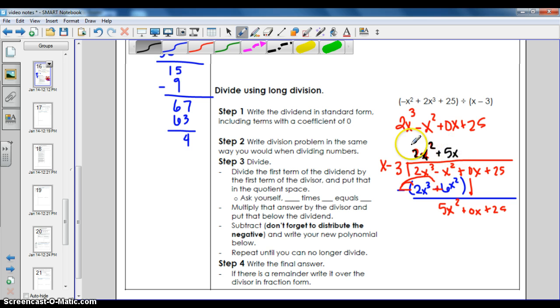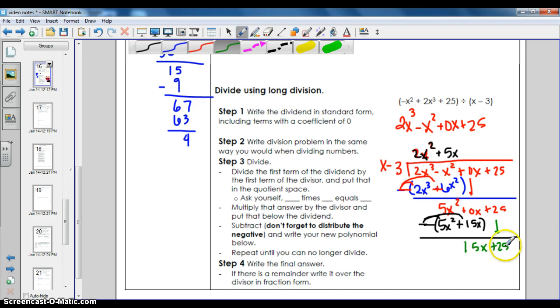So we take that 5x, times it by the x minus 3 to get 5x squared minus 15x. All right, now remember, we're putting that in parentheses and we're subtracting, so we want to distribute that negative. So that changes it to a positive, and that makes this negative out front here. So subtract. We don't have any x squareds left. We do have a positive 15x here. And then we bring down our plus 25.